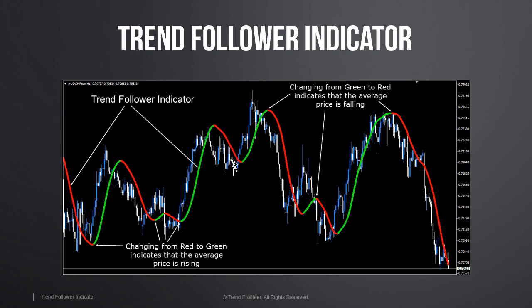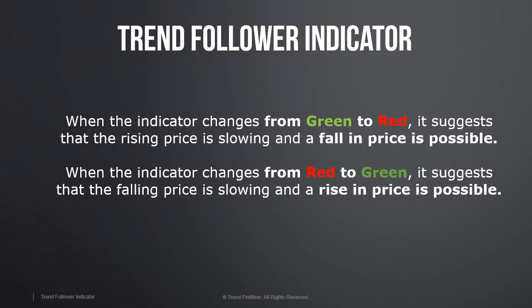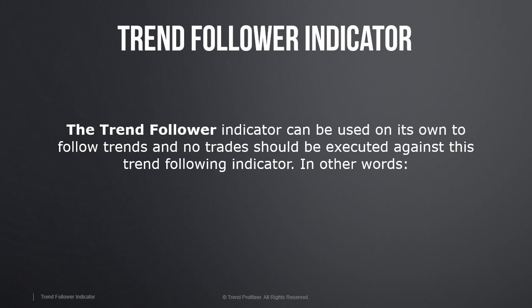And when it changes from red to green, it's suggesting that the drop in price has possibly been exhausted and that price is going to rise. That's as simple as it gets, but a very, very powerful indicator. And in harmony with the rest of the indicators for the Profiteer system, it makes it extremely accurate.